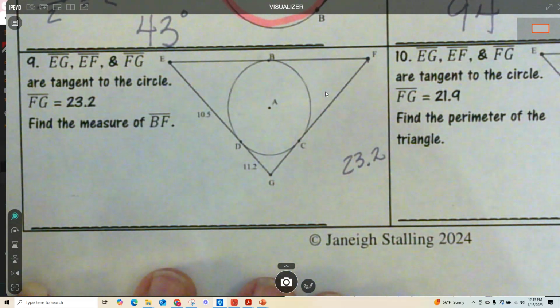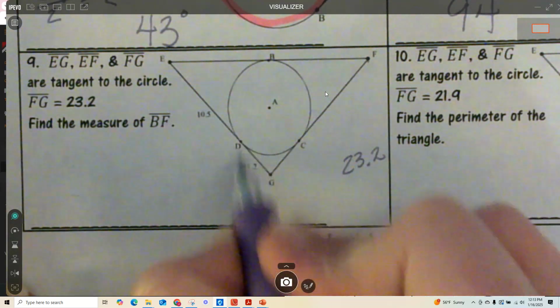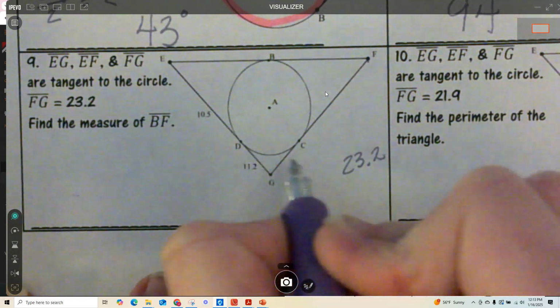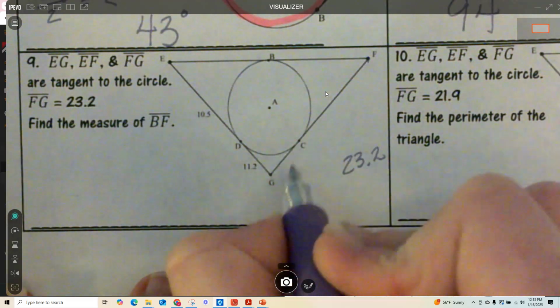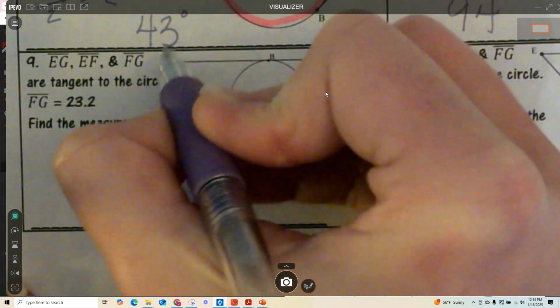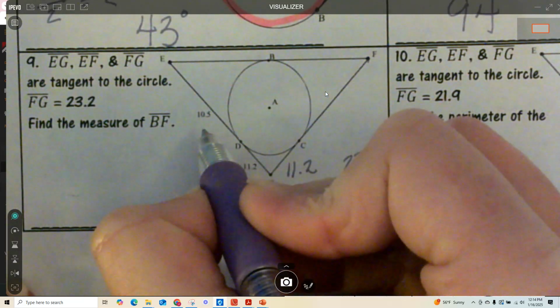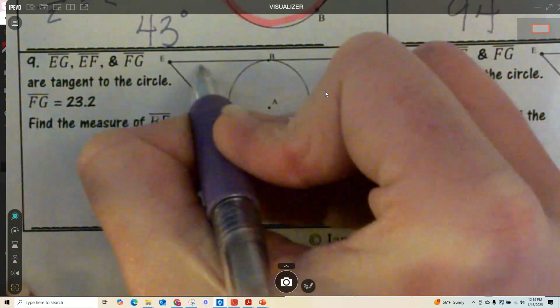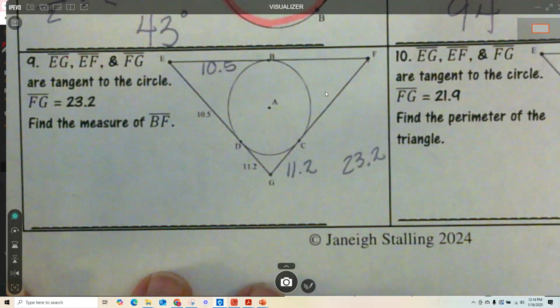All I have to do is start filling in pieces. So if from G to D is 11.2, then from G to C is 11.2. If from E to D is 10.5, then from E to B is 10.5.